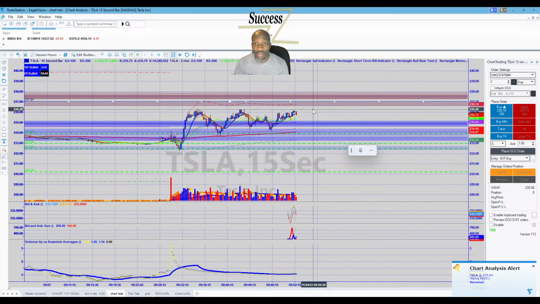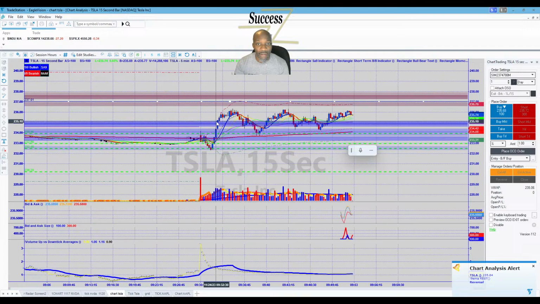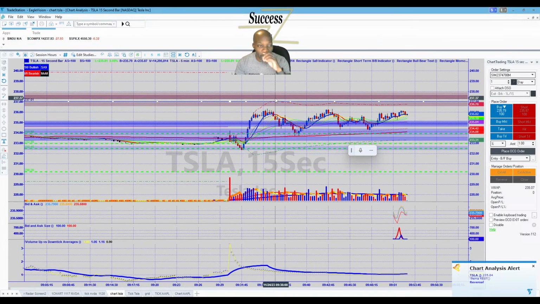So there's my level of resistance. But the code that I put together to identify swing levels, support levels, resistance levels, it already plotted it on my screen. So we have a lot of potential support in here, or at least liquidity zones in here, and we have liquidity zones in there.